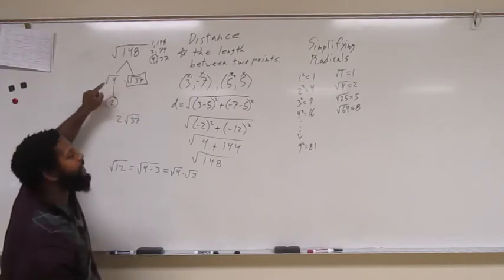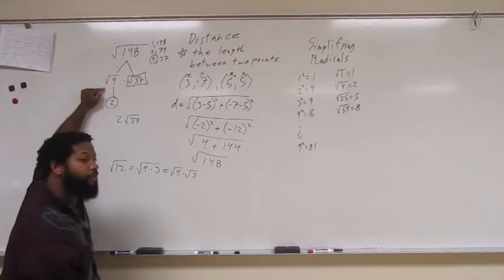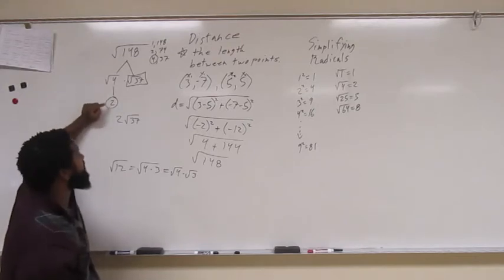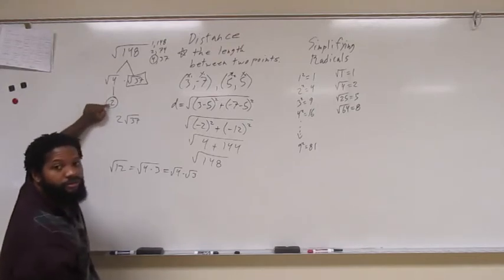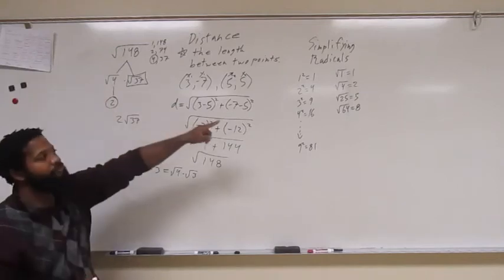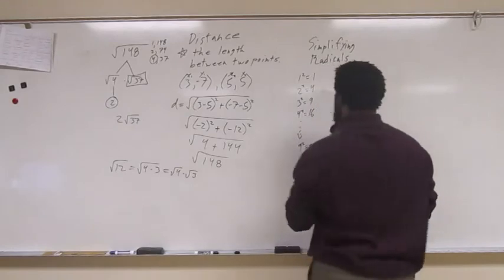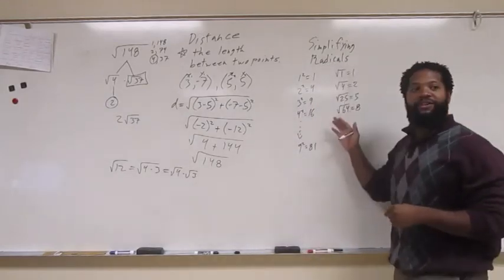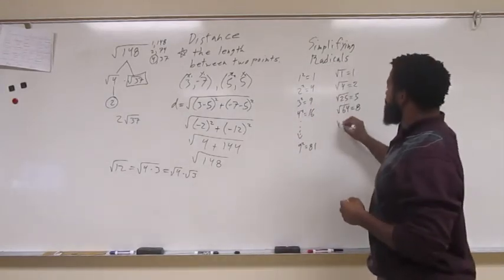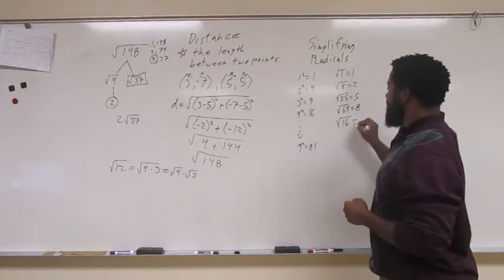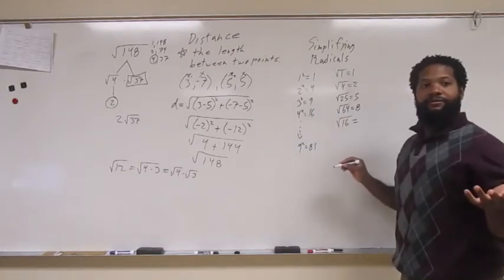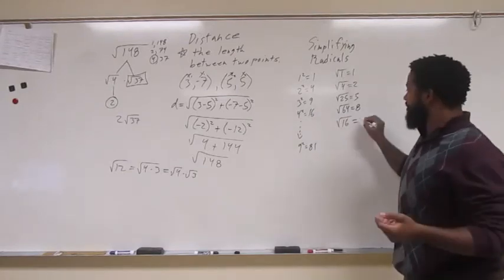And you know for a fact that 4 is a perfect square because the square root of 4 is 2. How do you know if it's a perfect square? Because of all of these perfect squares right here. Square root of 1, square root of 4, square root of 25, square root of 64, square root of 16 is 4.